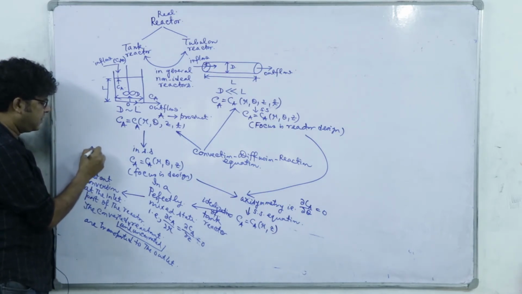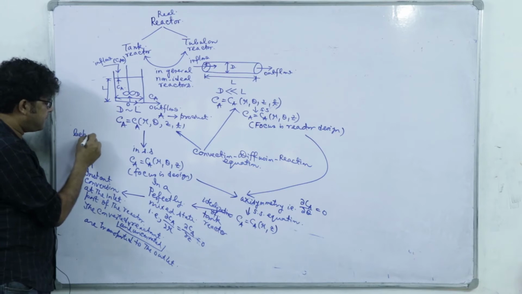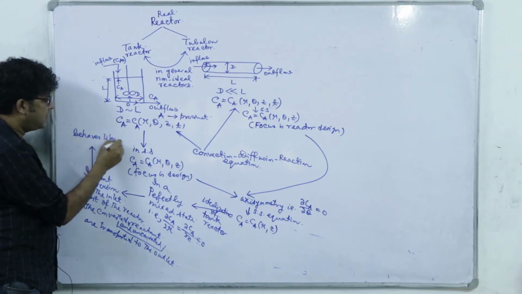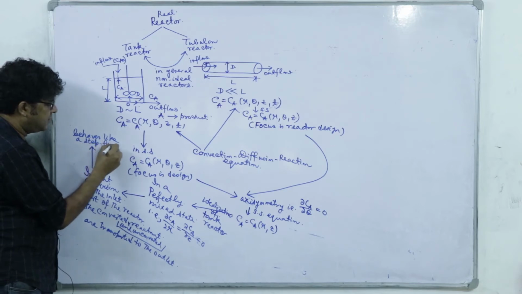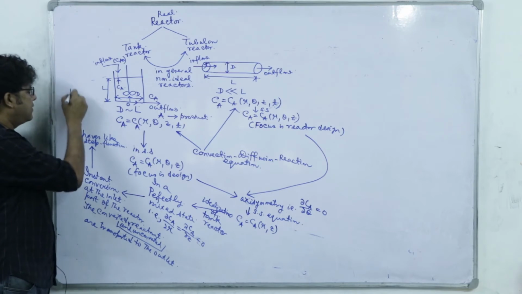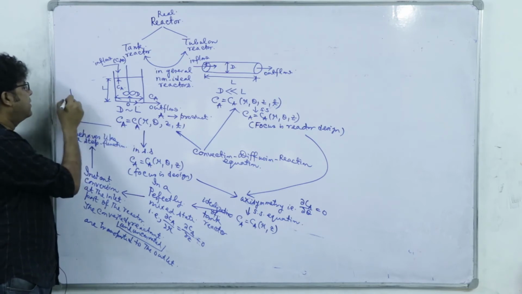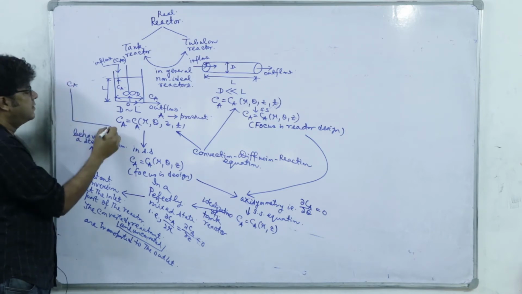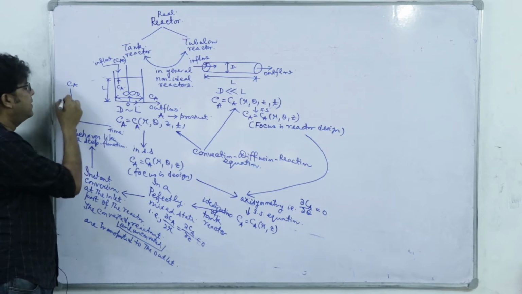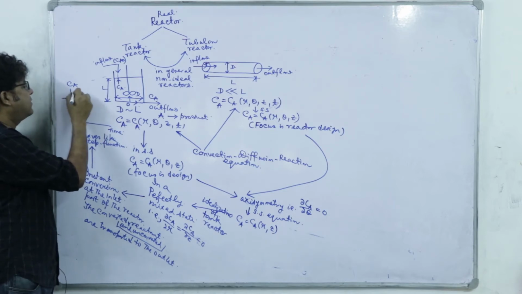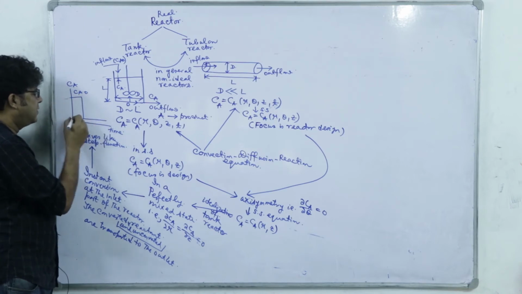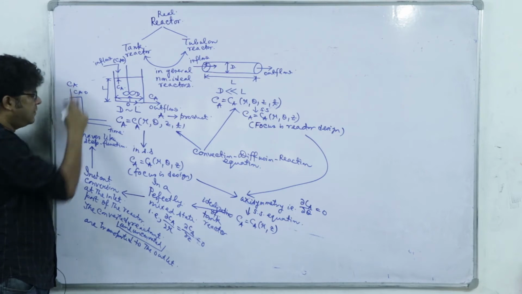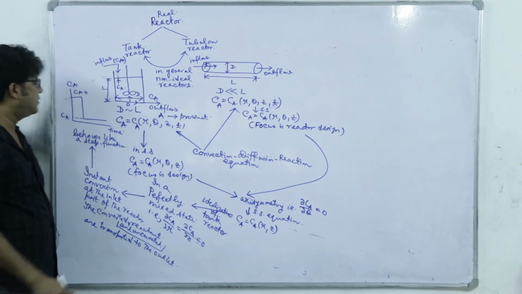So, in a sense it behaves like a step function. That is, say this is Ca, this is time, right. If I am giving this at Ca naught, it is simply converted to Ca in a single step here, right.